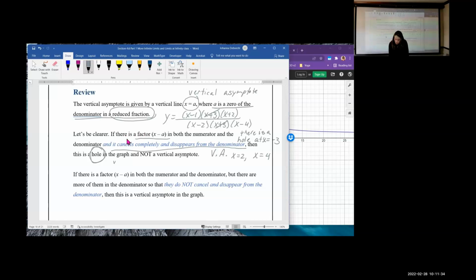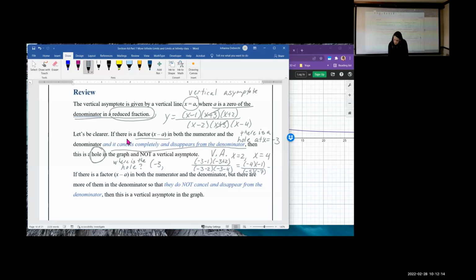So where is the hole? The hole is going to be at the x coordinate -3, coming from solving x plus 3 equal to 0. And then I put -3 into the reduced fraction. So I have -3 minus 1, -3 plus 2 over -3 minus 2 times -3 minus 4, which gives me -4, -1 over -5, -7.